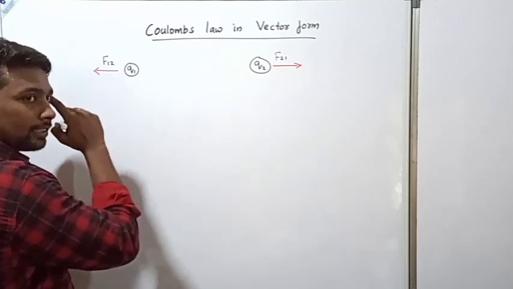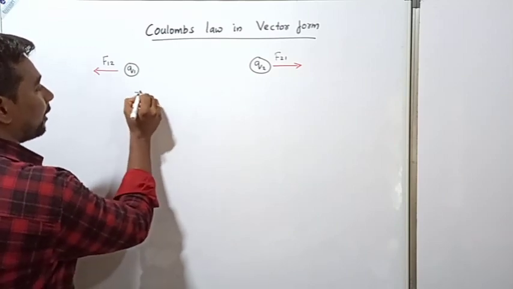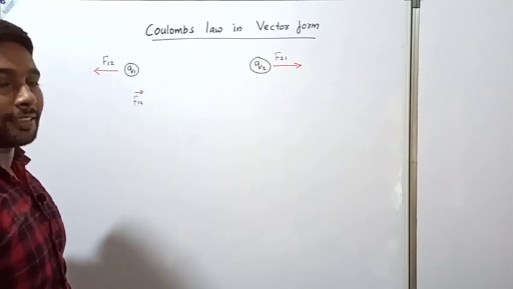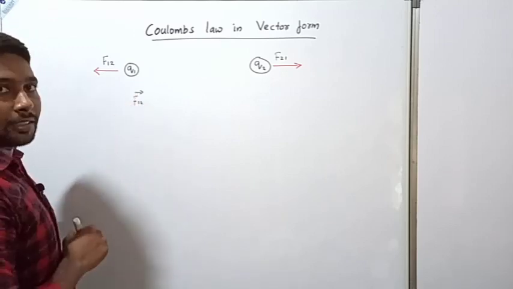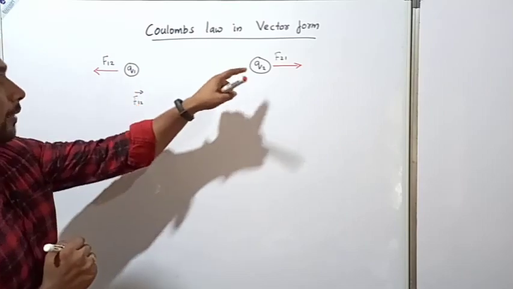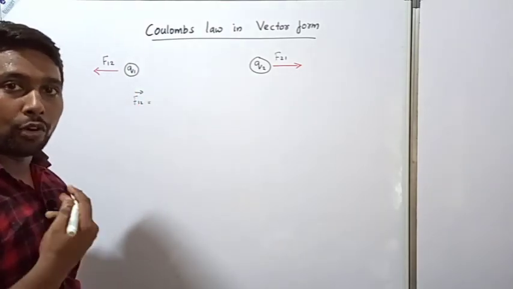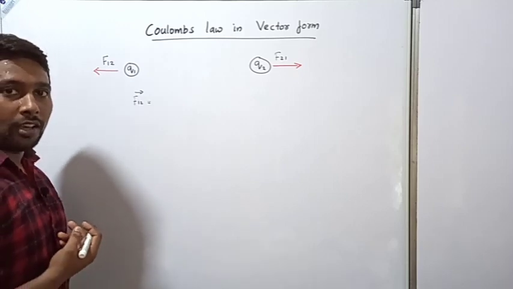So in vectors we have a rule that we have to put an arrow mark to represent it as a vector. So F12 represents the force vector, which is the force acting on this charge due to this charge, which will be equal to, already we have learned our Coulomb's law. Using Coulomb's law, we have the equation.